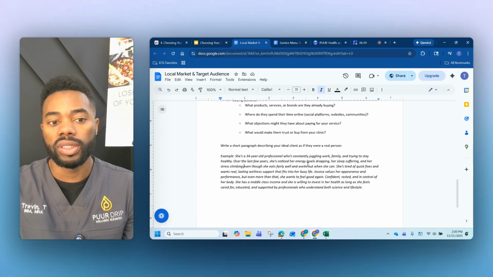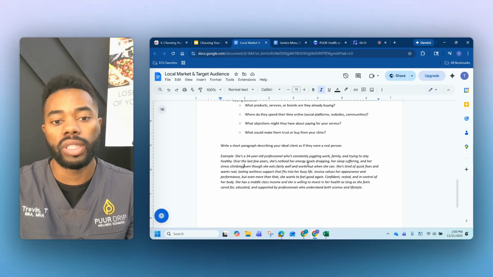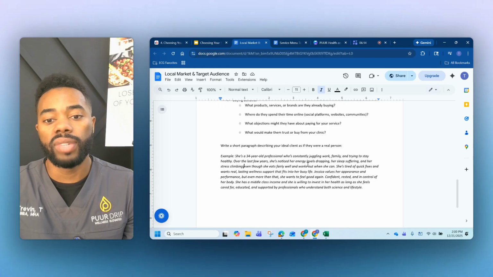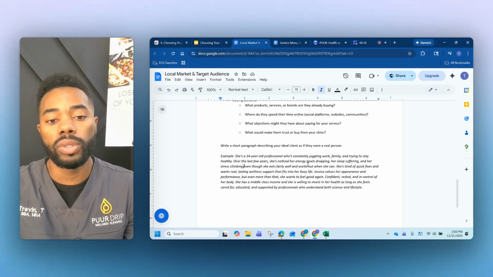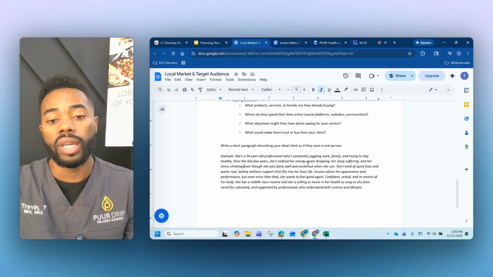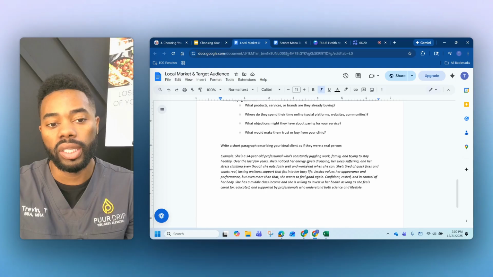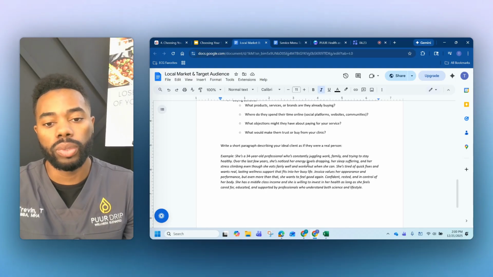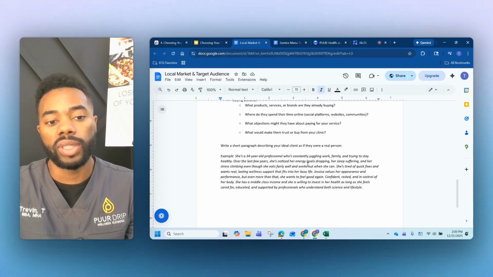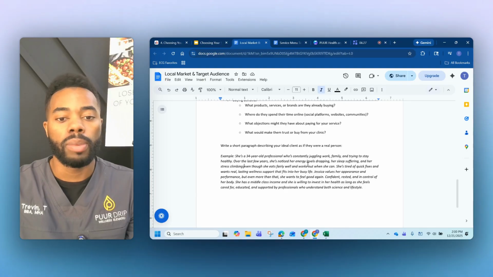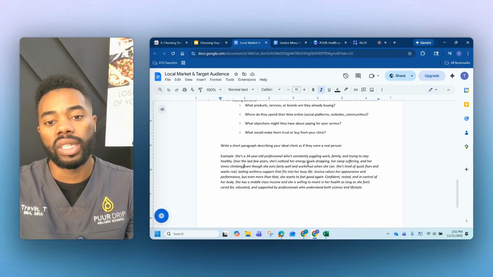She's tired of quick fixes and wants real, lasting wellness support that fits into her busy life. Jessica values her appearance and performance, but even more than that, she wants to feel good again. Confident, rested, and in control of her body. She has a middle-class income and she is willing to invest in her health as long as she feels cared for, educated, and supported by professionals who understand both science and lifestyle.